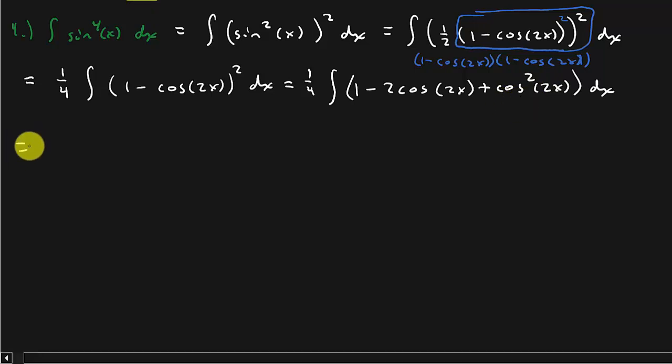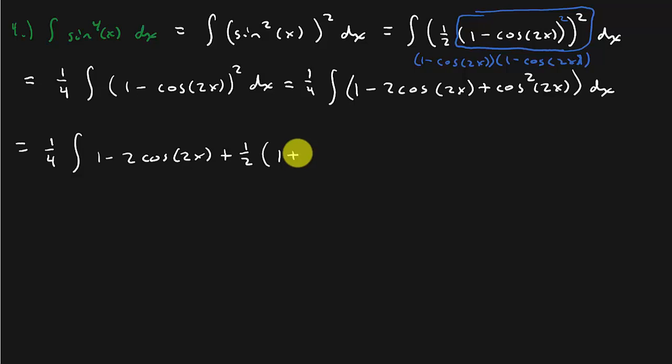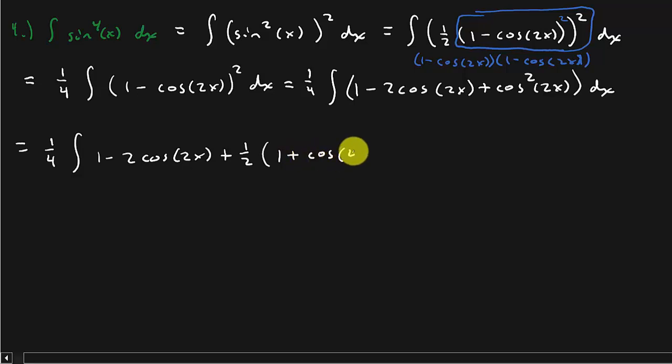That's going to be 1/4 times the integral of 1 minus 2 cosine 2x plus, now I've got to rewrite this using the half angle identity, so that's going to be 1/2 times 1 plus cosine 4x dx.